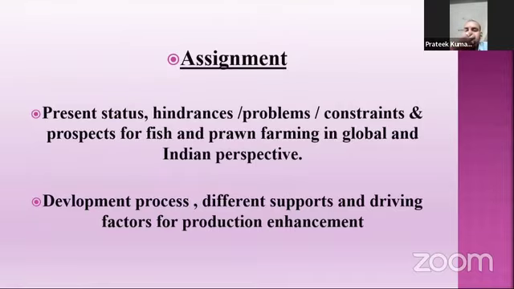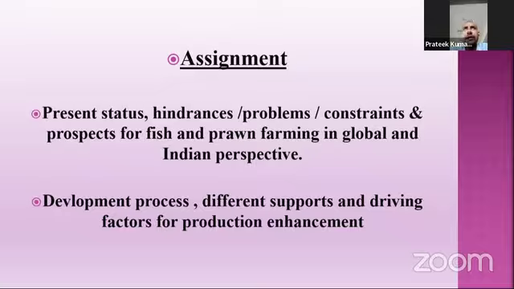I want to clarify the present status of aquaculture and what types of problems there are in aquaculture in the current scenario: constraints, prospects, and fish pond farming from a global and Indian perspective.